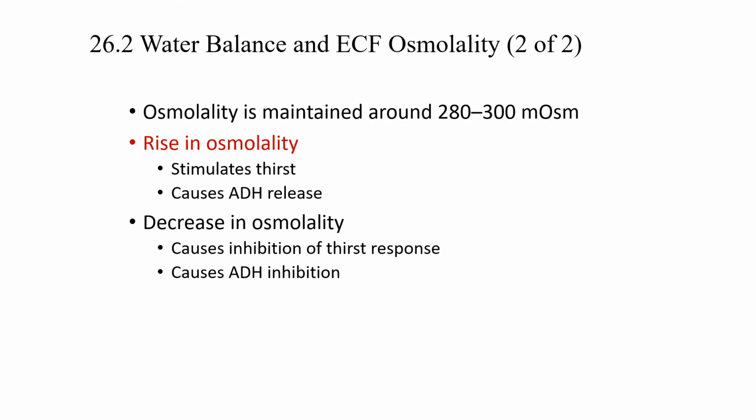So how does the body maintain osmolality? Well, basically what happens is that if the extracellular fluid becomes too concentrated, in other words, there's a rise in osmolality, then our brain senses that in the hypothalamus, and it stimulates the thirst reflex.